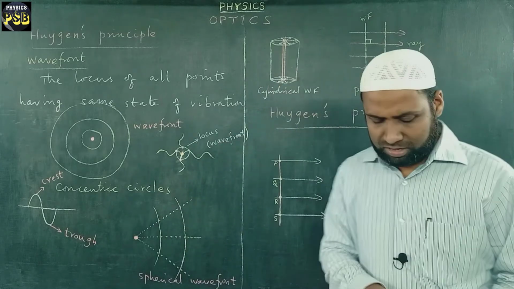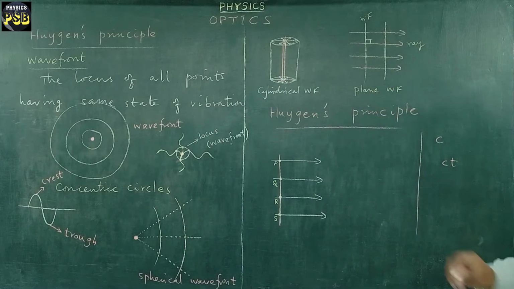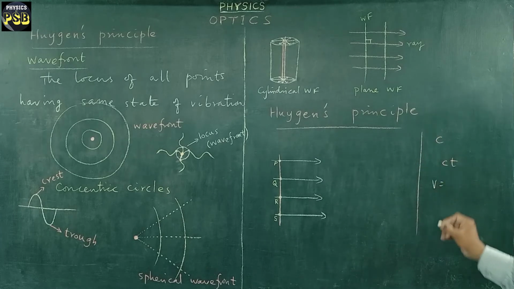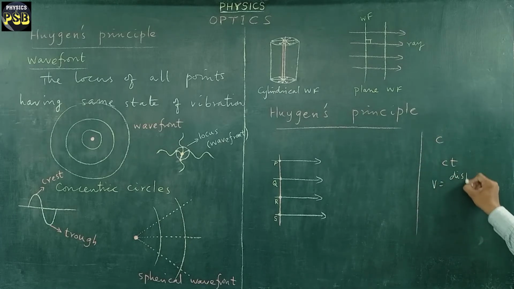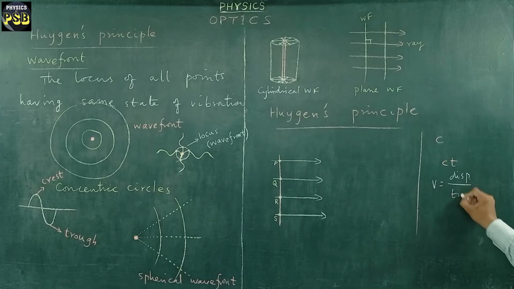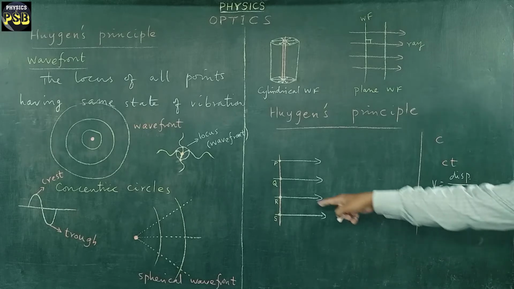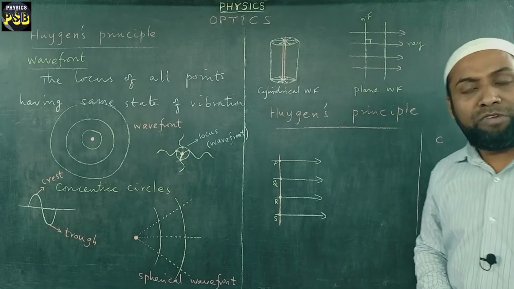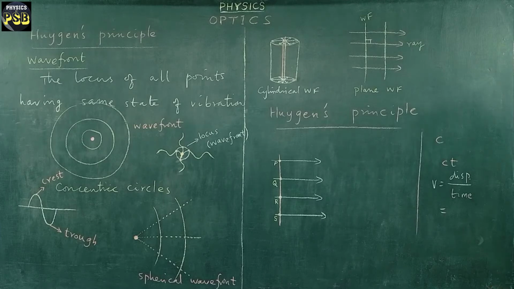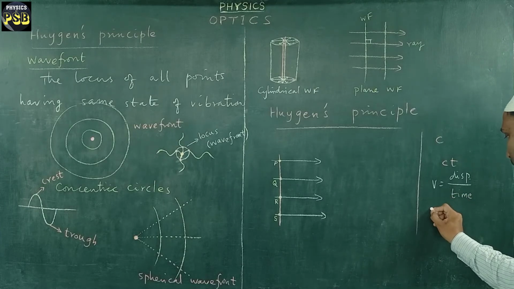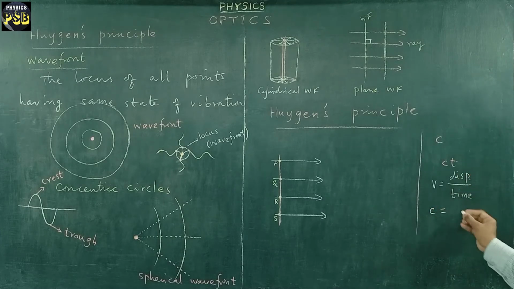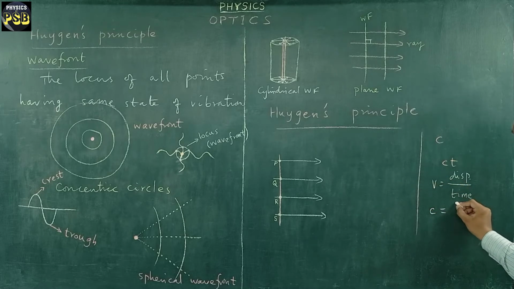Let me tell you. Here we know velocity is nothing but displacement divided by time. Here, these wavelets are said to travel with the velocity of light, so velocity of light is given by letter C. Here, displacement is taken as r and time is taken as t.